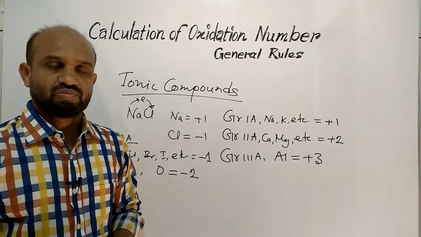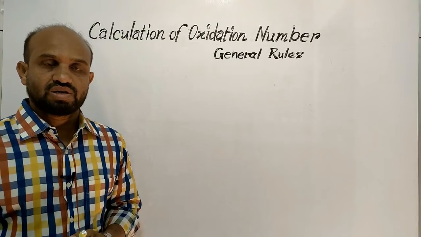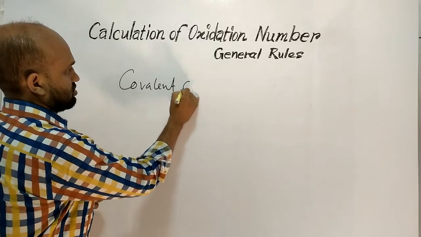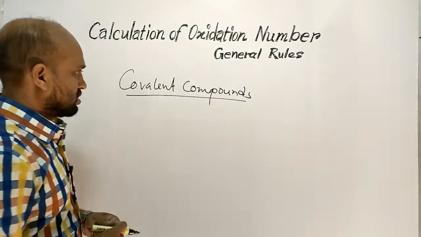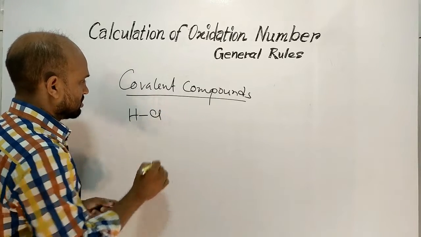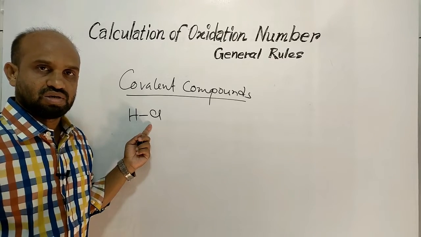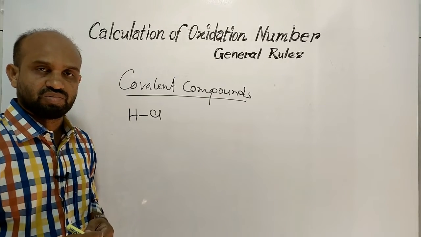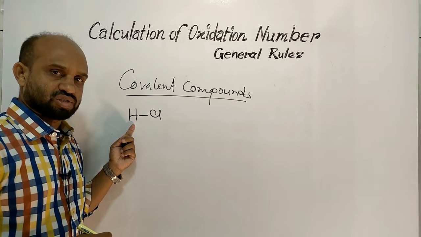Now let's see oxidation numbers of elements in covalent compounds. For example, a covalent compound HCl. Here, no donation and no acceptance occur. Nevertheless, the electronegative element gets a negative oxidation number and the electropositive element gets a positive oxidation number.